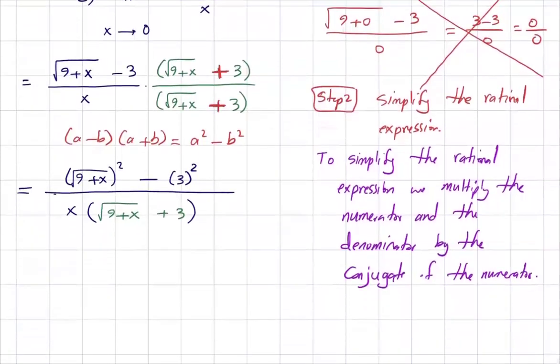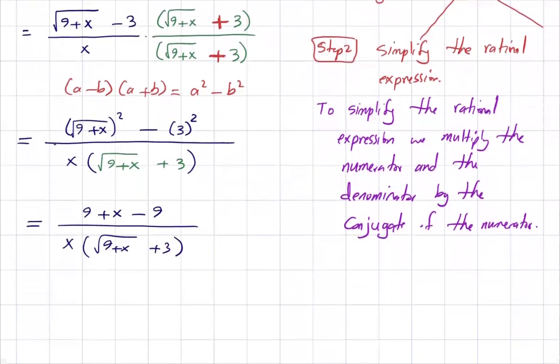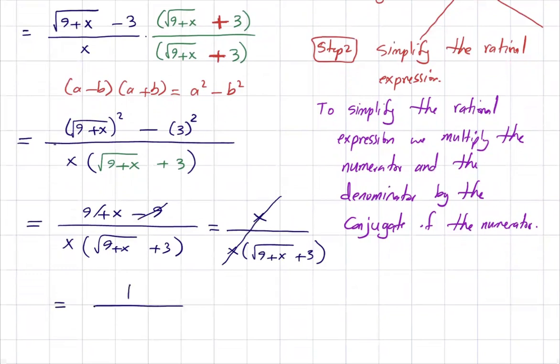Okay, when you simplify this, you get 9 plus x minus 9 divided by x times square root of 9 plus x plus 3. And this is nothing but x divided by x times square root of 9 plus x plus 3. You can cancel out x and x. So this guy becomes 1 divided by square root of 9 plus x plus 3.